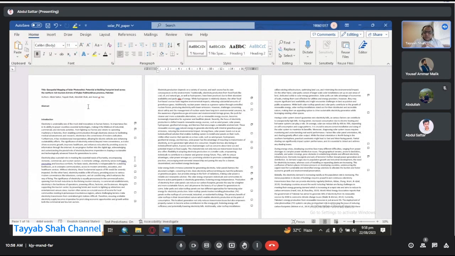So we have already discussed how to develop the introduction section of the paper. We also developed the results. And in our last video, we discussed the layout of the method section. Now we are going to discuss the different components and the flow of the discussion section for this paper.